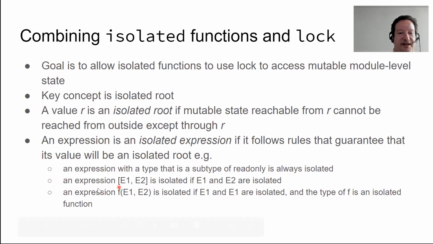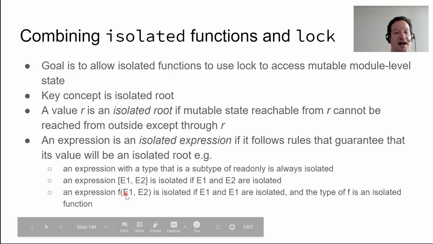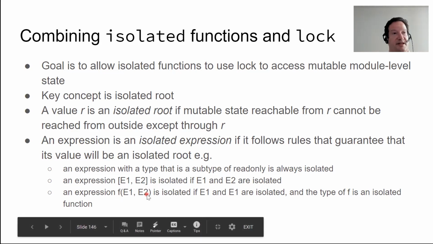Those two are hopefully obvious. This one is slightly less obvious, but true, and this is actually what makes it all work. If we have a function call, and the function is an isolated function, and the argument expressions are isolated expressions, then the function call expression is also isolated.